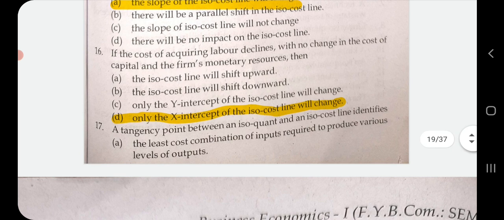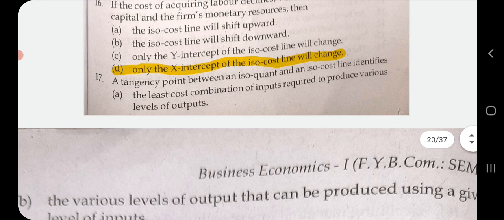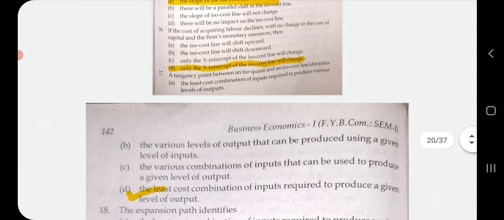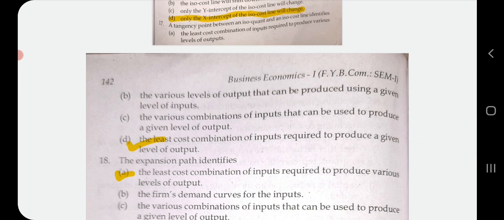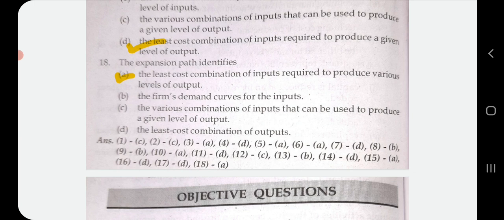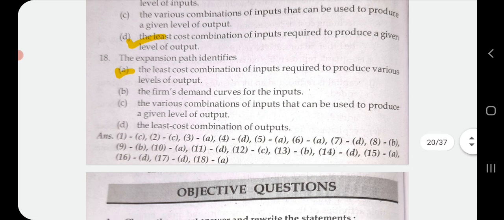The correct answer is D. Then 17th question: a tangency point between isocost and isoquant line identifies, and the correct answer is D, the least cost combination of input required to produce a given level of output. 18th question: the expansion path identifies, and the correct answer is A, expansion path identifies the least cost combination of input required to produce various level of output.